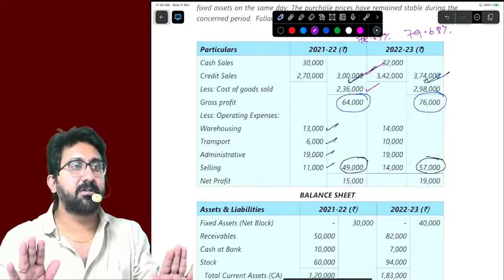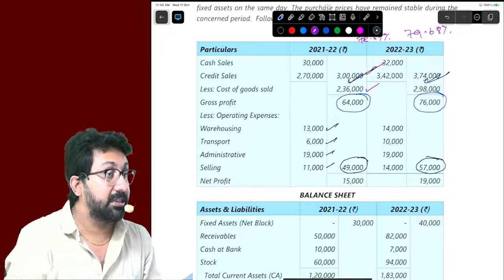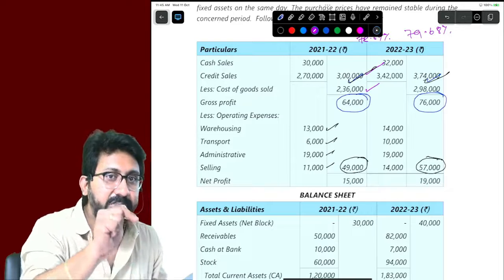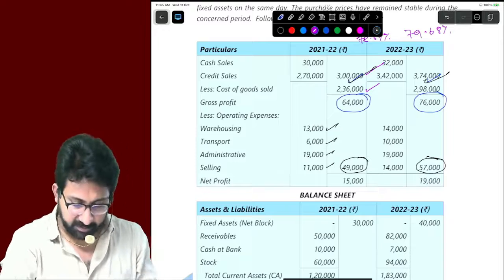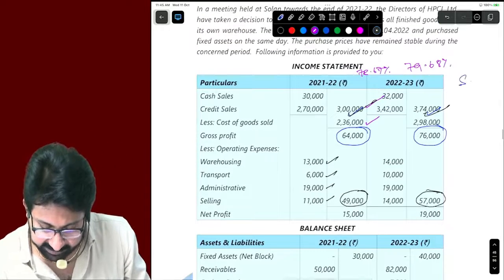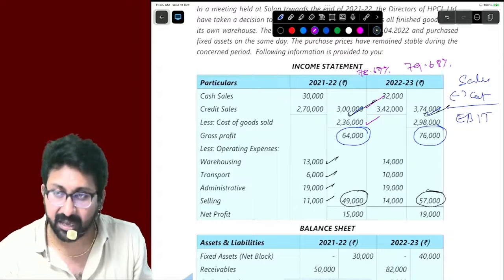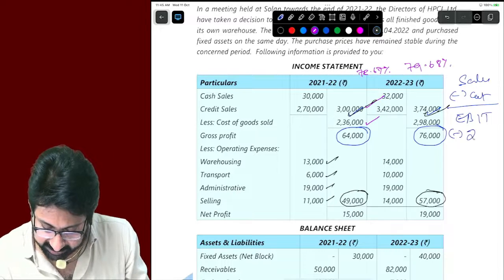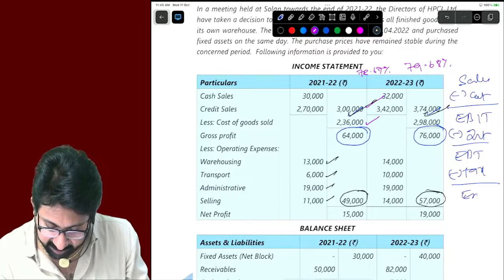In this question, what is the EBIT? Net profit is EBIT, in this question only. Why? See here. Sales minus cost is EBIT. Minus interest is EBT. Minus tax is EAT.